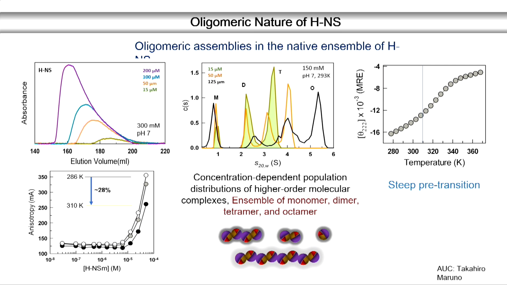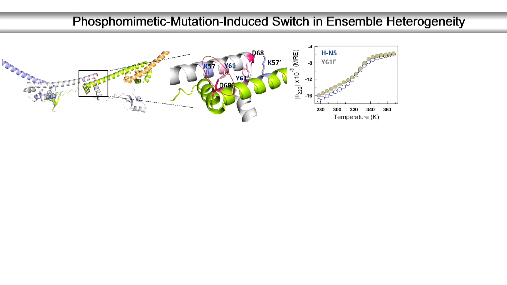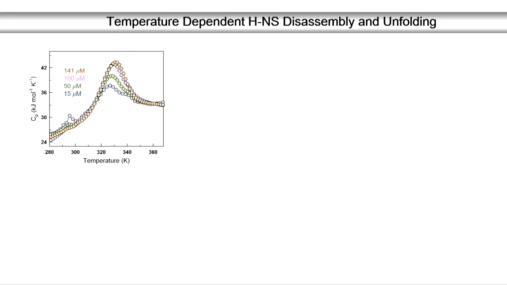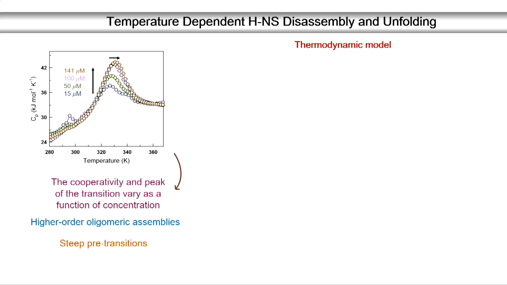Because we see discrete profiles, and because we can use the structure and hence model these and assign them, we come up with a very simple logic to capture both the concentration and temperature dependent data, which is what I'll be talking about here.